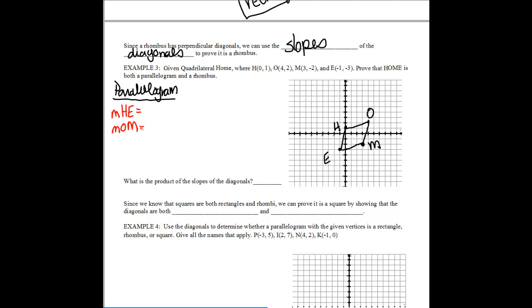Let's see if they match. HE goes up 4 and right 1, which is just 4. And then OM goes up 4 and right 1. So far those match.